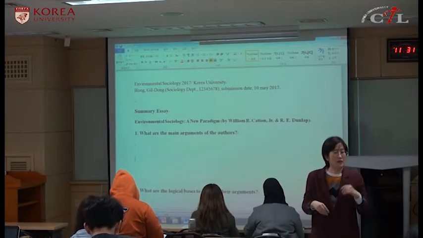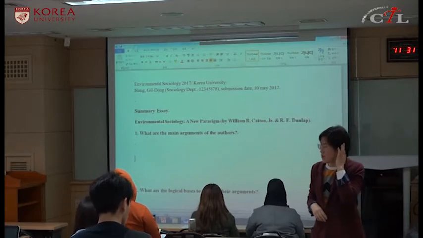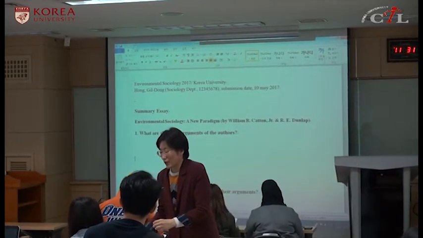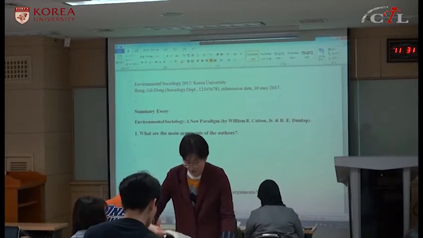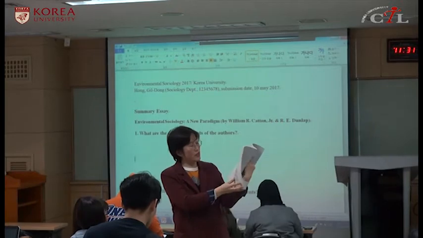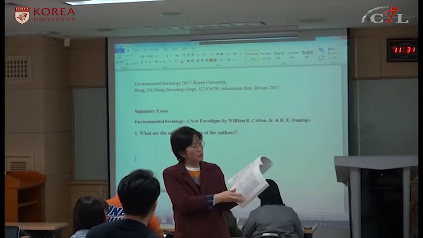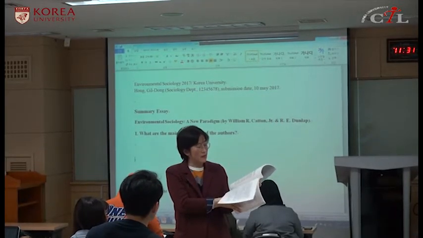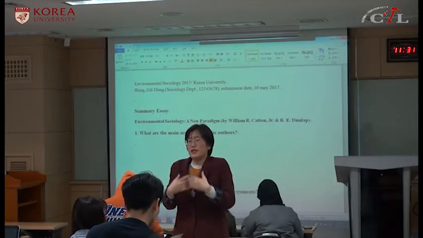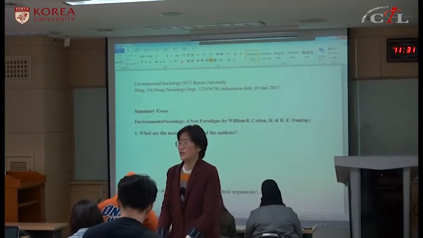You read Environmental Sociology, a New Paradigm, from the beginning to the end, and then probably you come up with a very strong feeling to write something about this article.